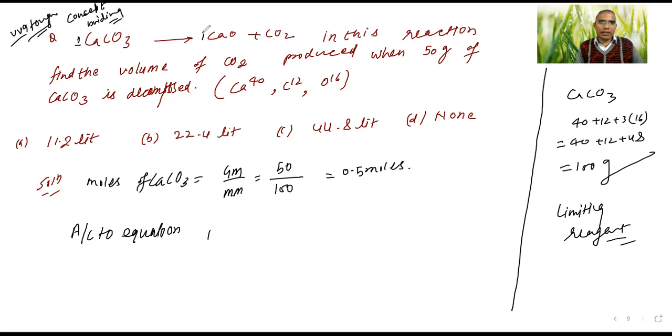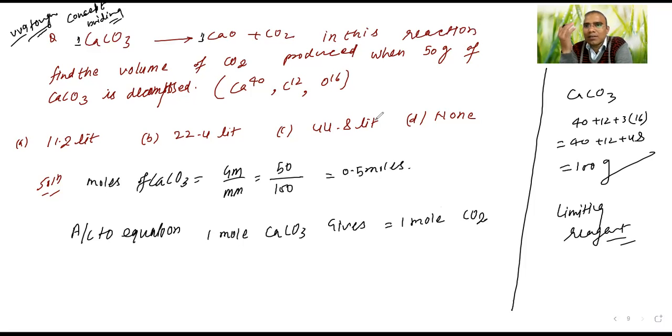So 1 mole CaCO3 gives 1 mole CO2, because the coefficient is 1. Now, in the question, how much did they give? 50 gram, and 50 gram means 0.5 mole.